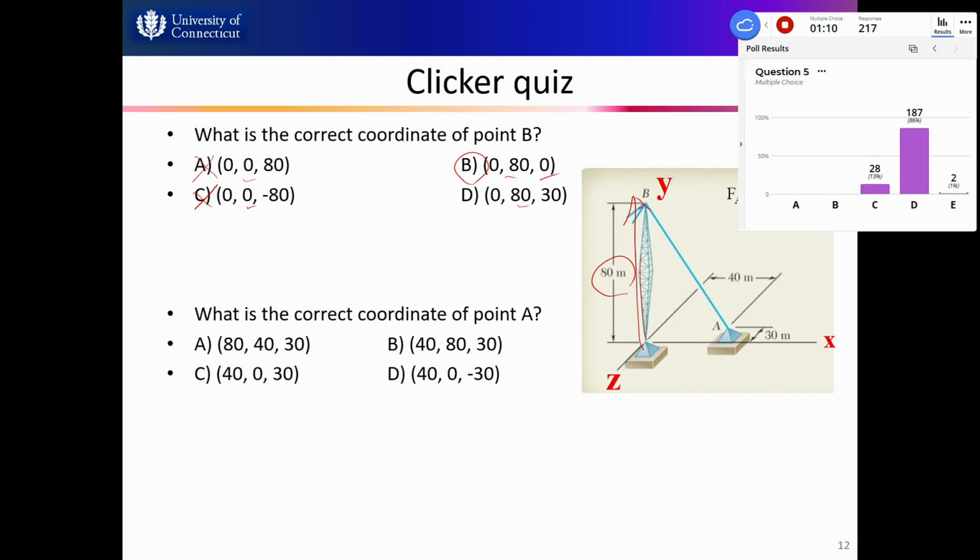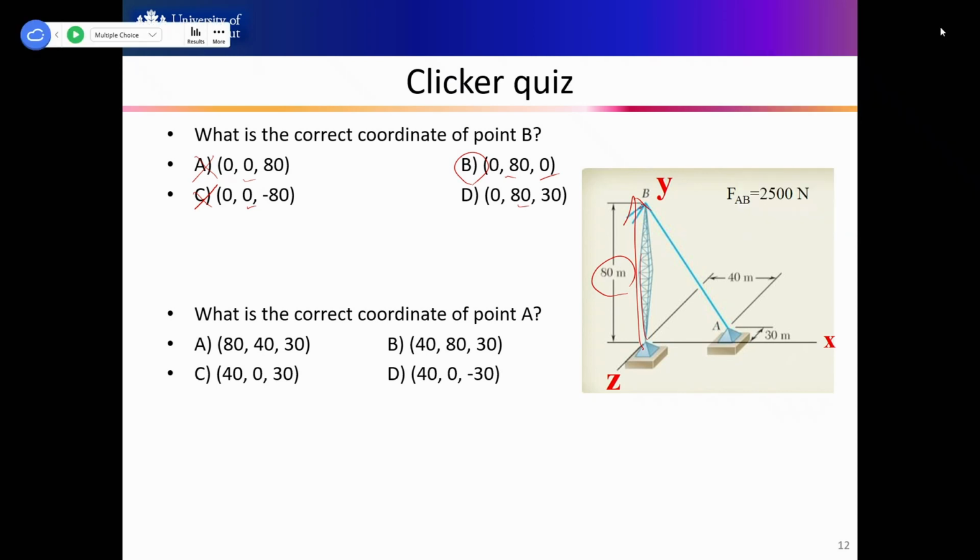Okay, I close in 5 seconds. Okay, good. So C or D, okay. C or D, which one is correct?